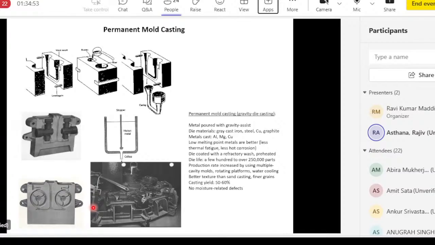So it's a pretty quick process because cooling time is faster. Casting yield is similar to sand casting, 50 to 60%, because you still need risers and gates and runners. But there are no moisture related defects. Unlike green sand casting, here we don't have any water to cause porosity or other kind of problems.